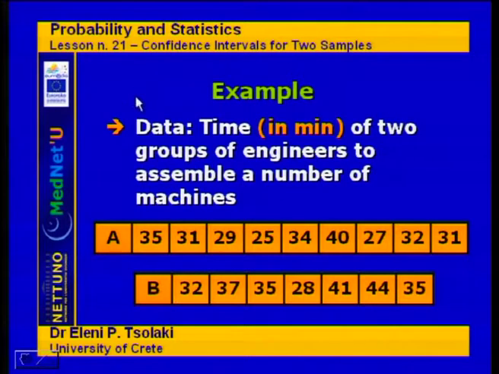Let's see an example. First of all, we have the time in minutes that two groups of engineers take to assemble a number of machines. We see here group A, the first group of engineers, and group B, the second group of engineers.